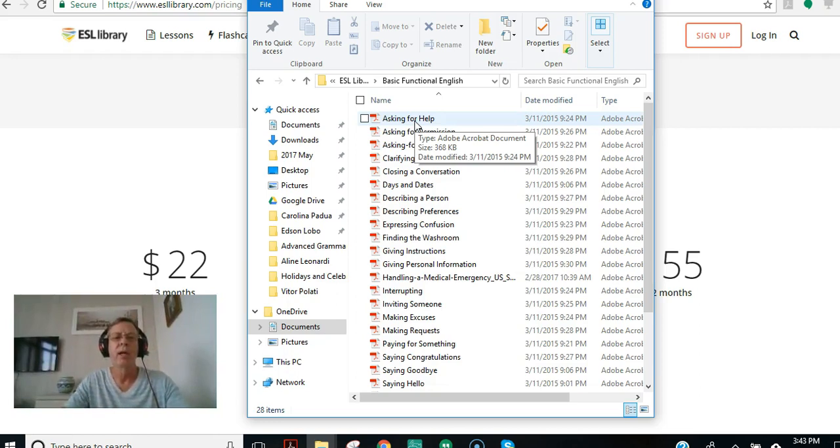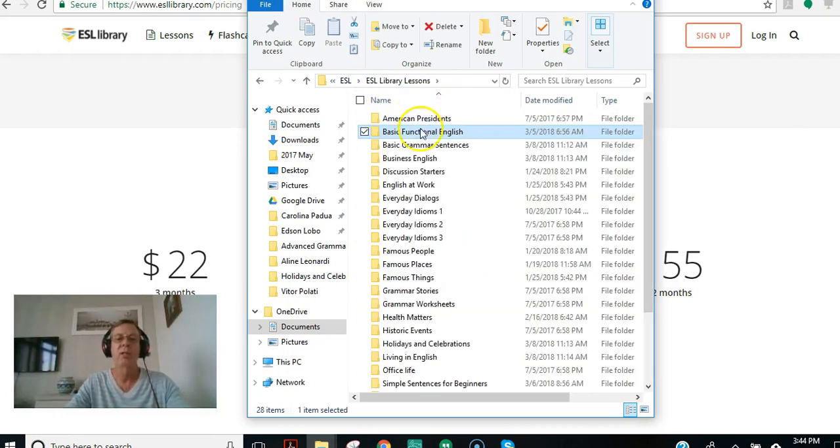So here with Basic Functional English, in that series, you'd have asking for help, asking for permission, asking for the time, giving personal information, handling a medical emergency, basic stuff that you would need, for example, if you were visiting another country or moving to another country. Basic grammar sentences.